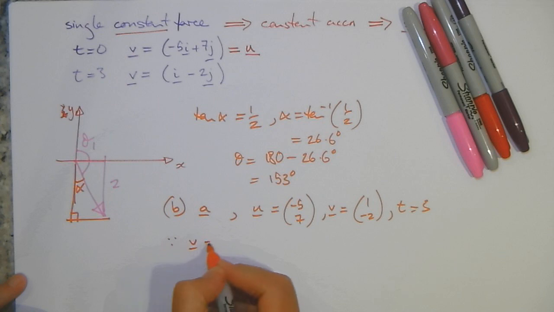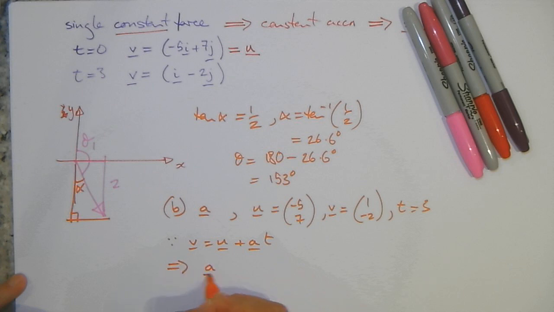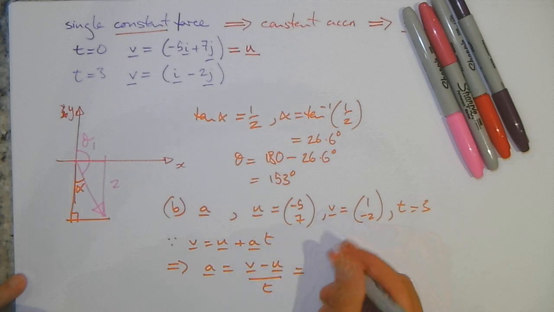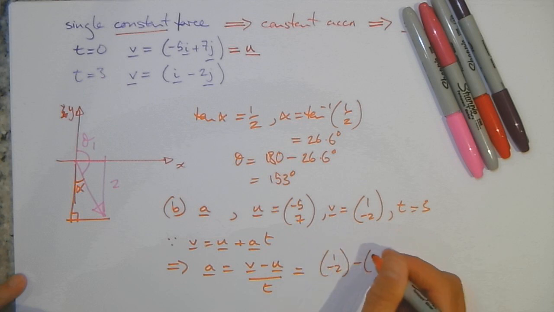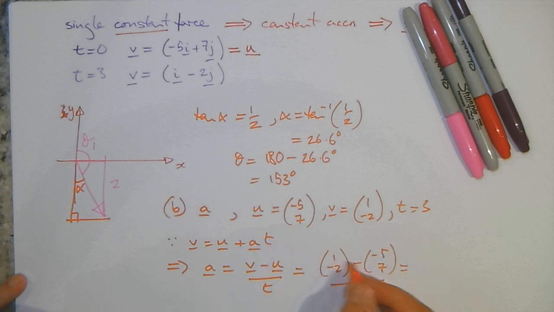Because v equals u plus at, a is v minus u over t, which is 1, minus 2, take minus 5, 7, divided by 3. 1 take minus 5, 6.